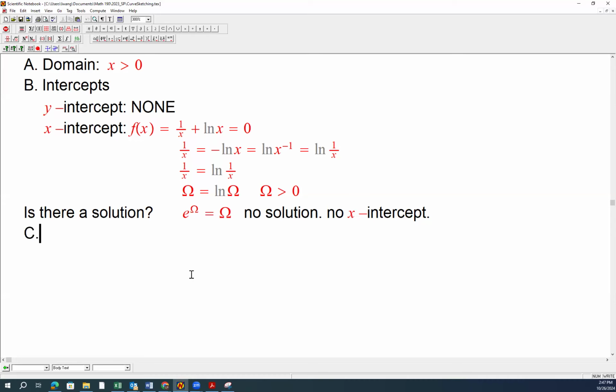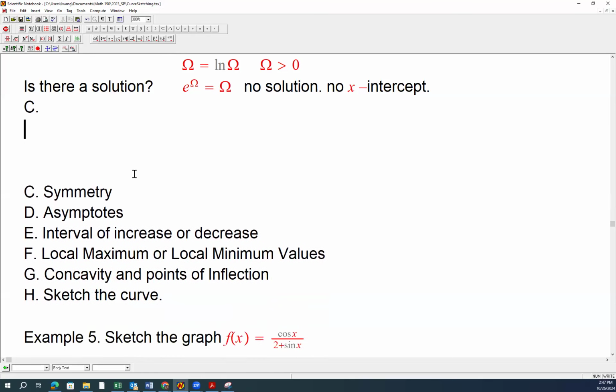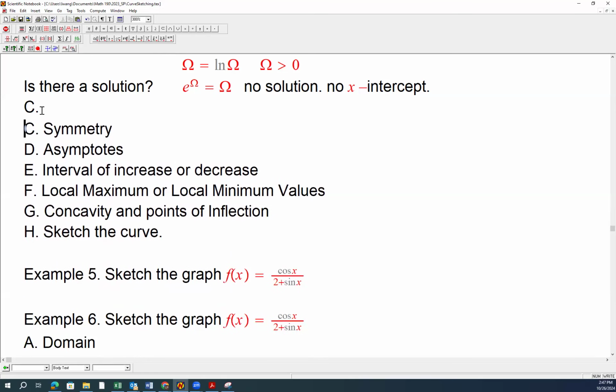So let's look at C. Let's see what the question for C is: symmetry. We definitively do not have symmetry with respect to the y-axis because the domain is just x greater than 0. We cannot even assume the negative input, because they're not in the domain.